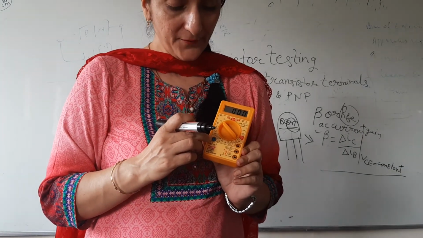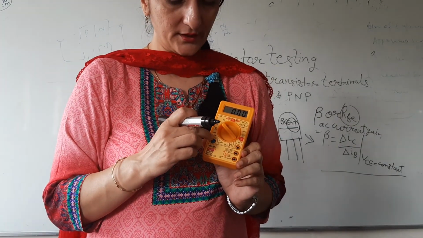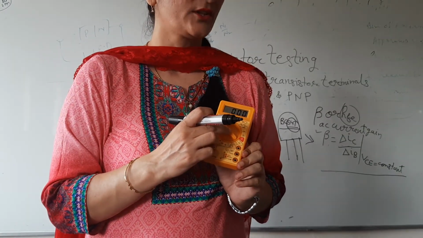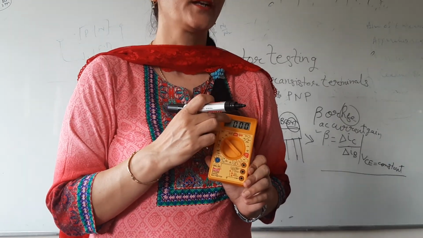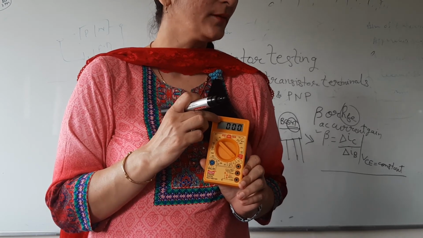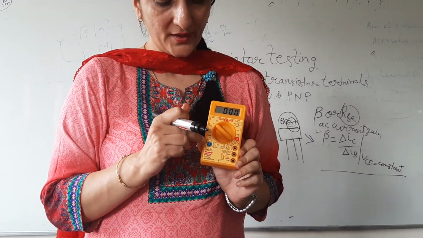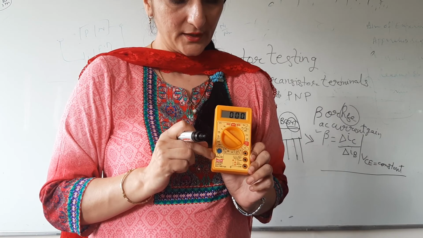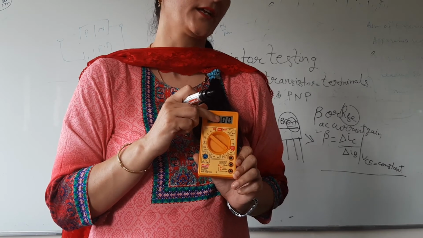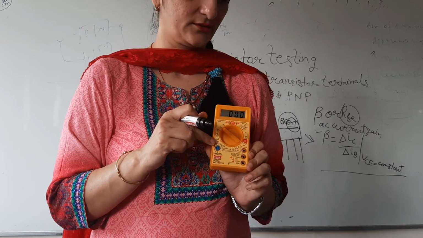If the transistor is PNP and you put it in the PNP slots and keep the rotating switch on HFE mode, it will display the beta value on the panel. If it is not PNP, it will not display any reading. Then when you insert your transistor in the slots indicated for NPN, and it displays the value of beta, then you can conclude that it is an NPN transistor.